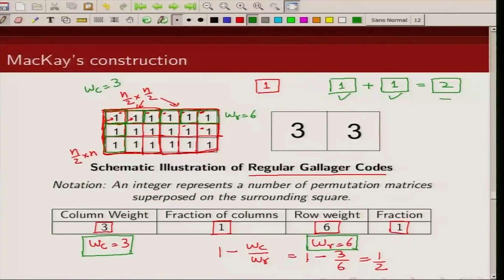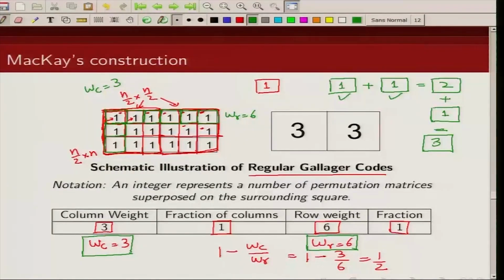Now, if I add another permutation matrix and I ensure that the ones in this permutation matrix do not overlap with the ones in this matrix, which I got by adding 2 permutation matrices, then the resultant matrix that I will get will have row weight 3 and column weight also 3.